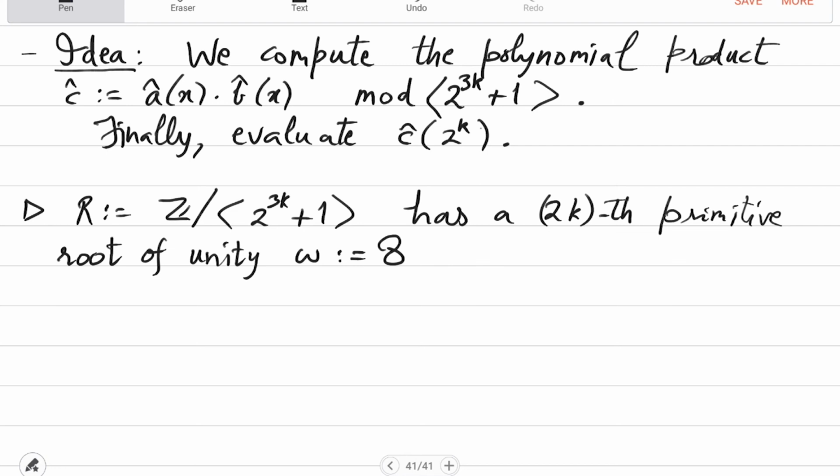So that will save us a significant amount of this ring extension business that we did in fast polynomial multiplication. And 2k should be enough because your polynomials have degree less than m, and m is less than 2k.